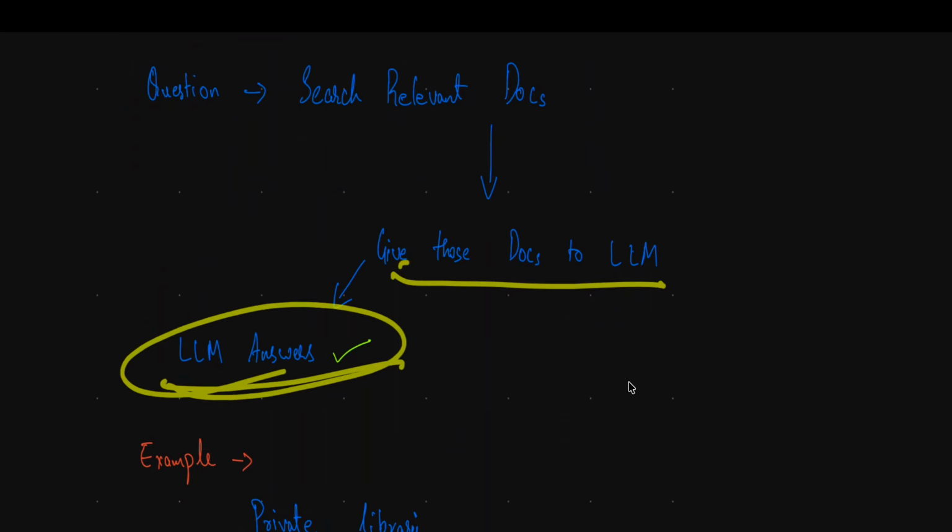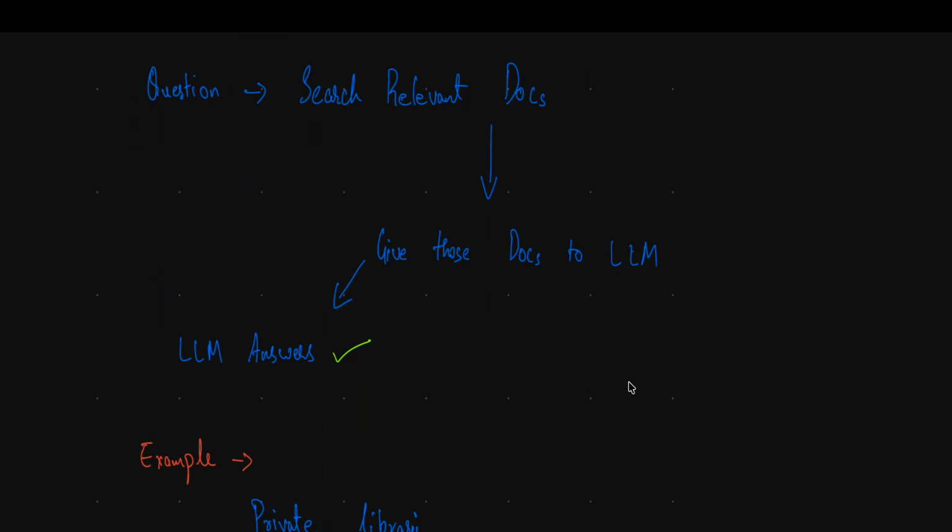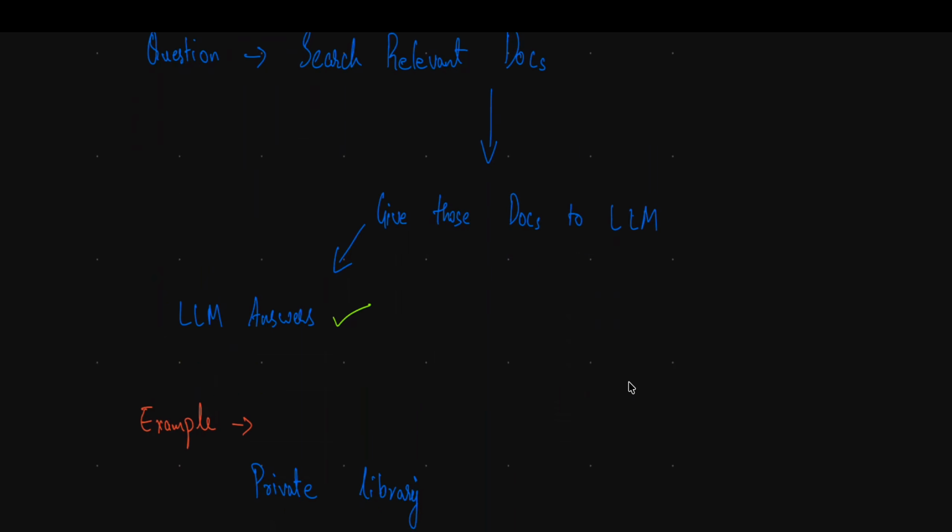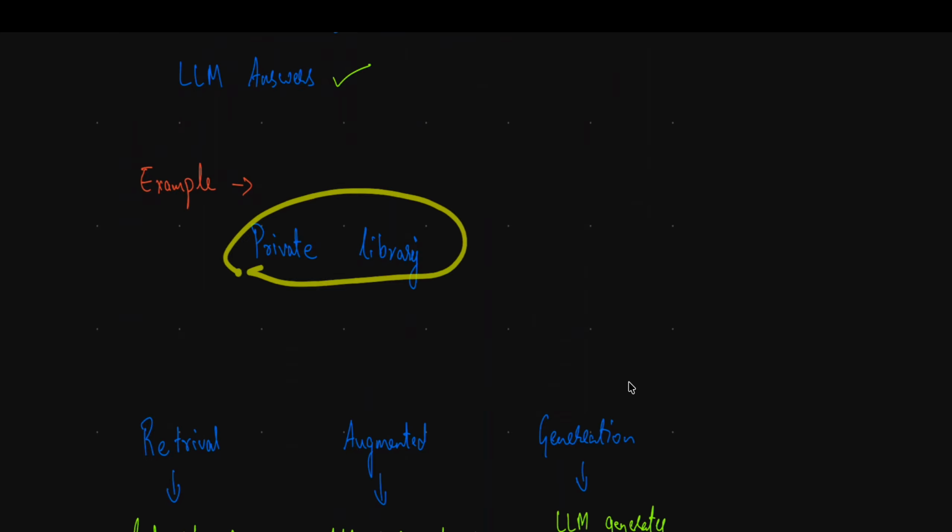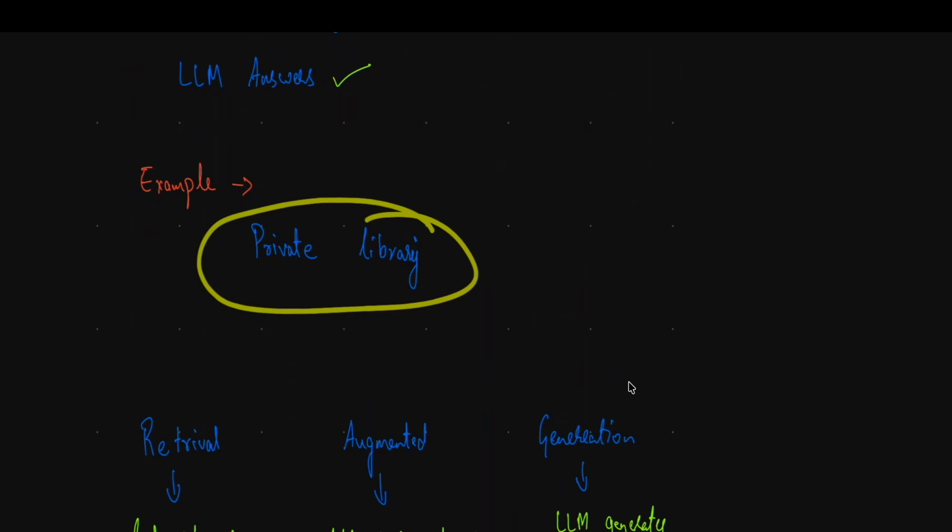But let's see that with an example. Let's say you have a private library, like libraries for coding. If you try to query something related to those libraries, it doesn't know anything regarding that.